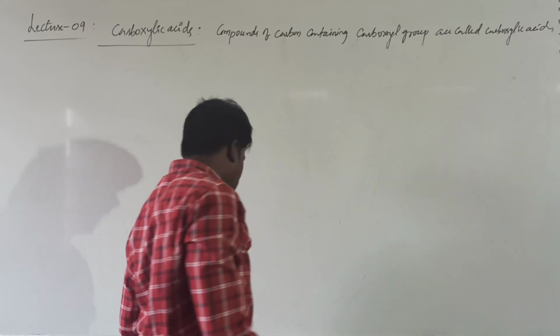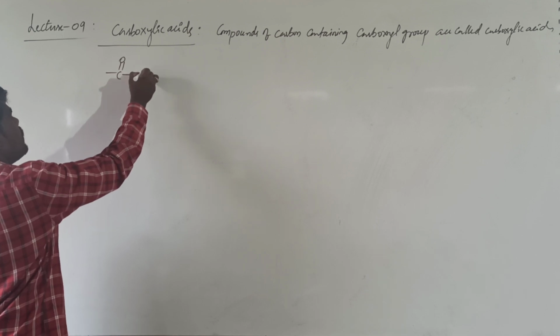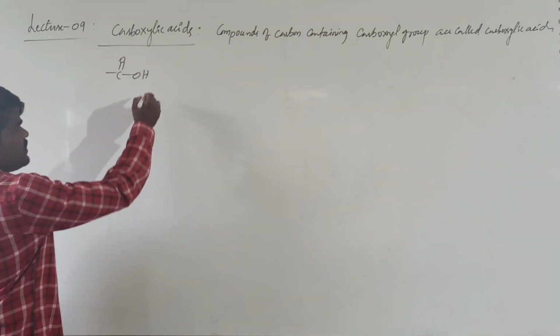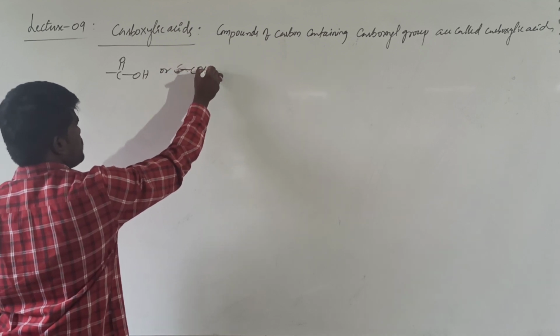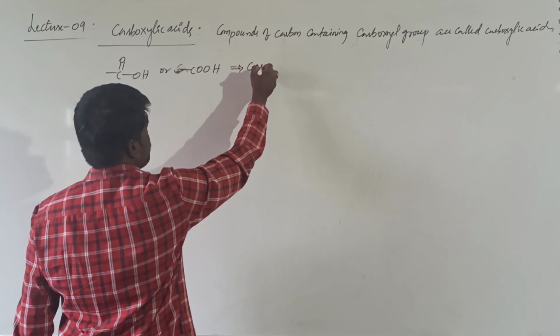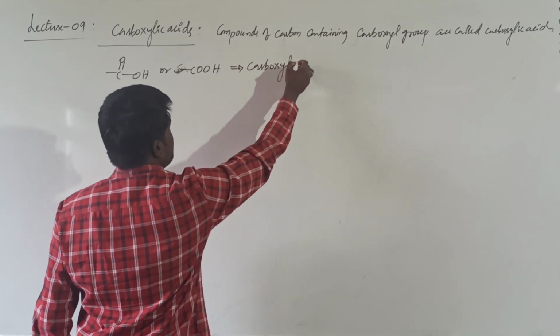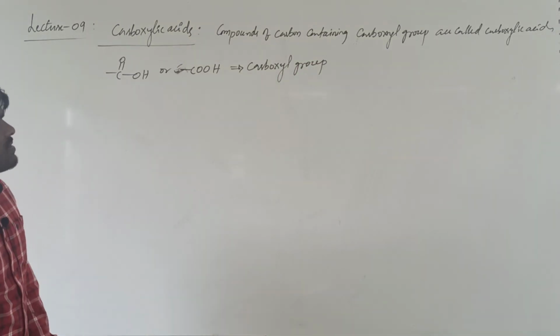Let us see what is meant by carboxyl group. This particular group, or it can also be represented as COOH, is what we call the carboxyl group, and the family containing this group is called carboxylic acids.